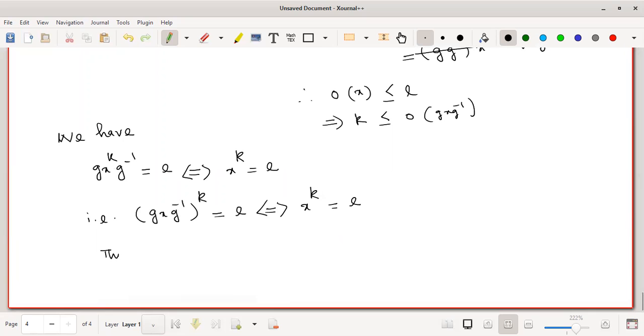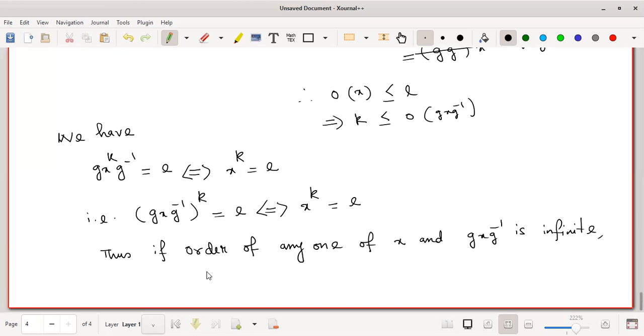Thus, if the order of any one of x and gxg inverse is infinite, the order of the other is also infinite.